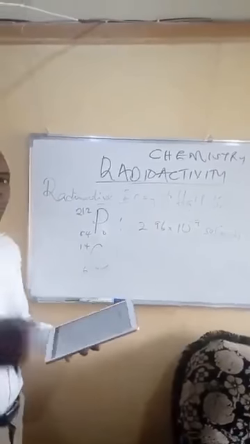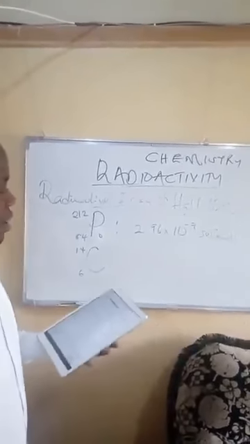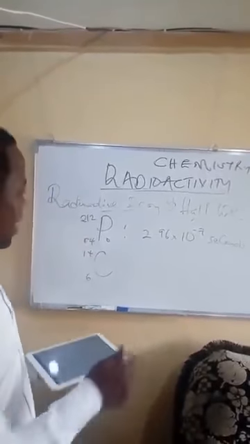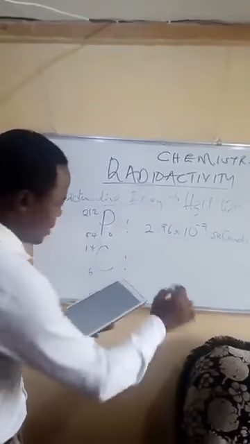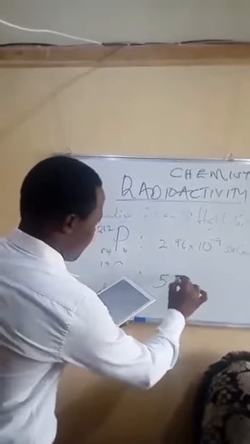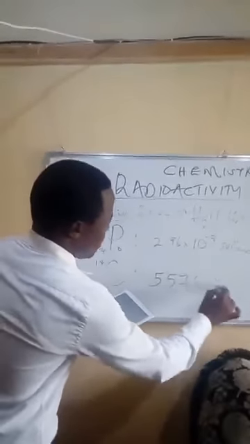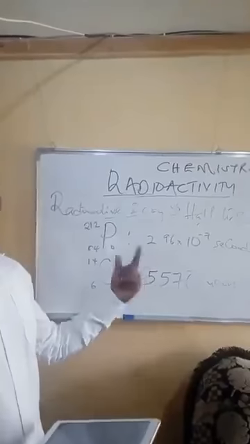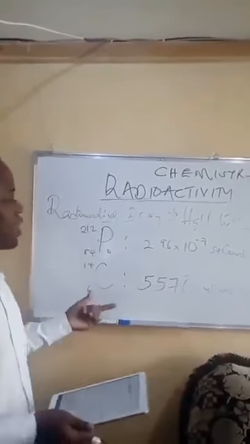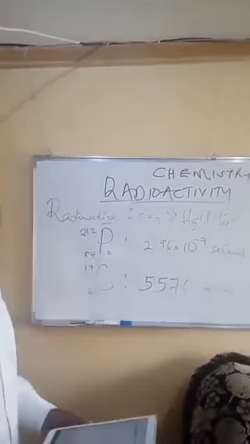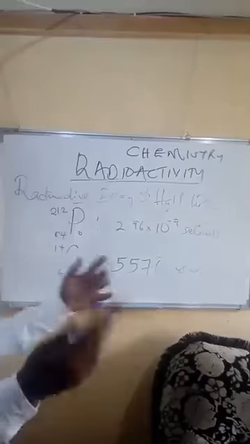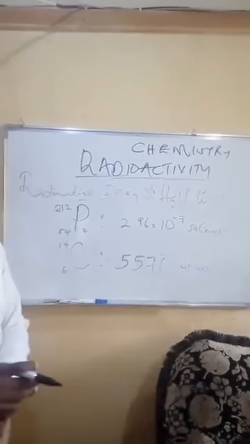If I was to give you 10 grams of carbon, for it to reduce and become half, it would take 5,570 years. So the half-life of carbon is very long. The half-life of polonium is very short. So the half-life could range from very few seconds, actually microseconds, to very many years.